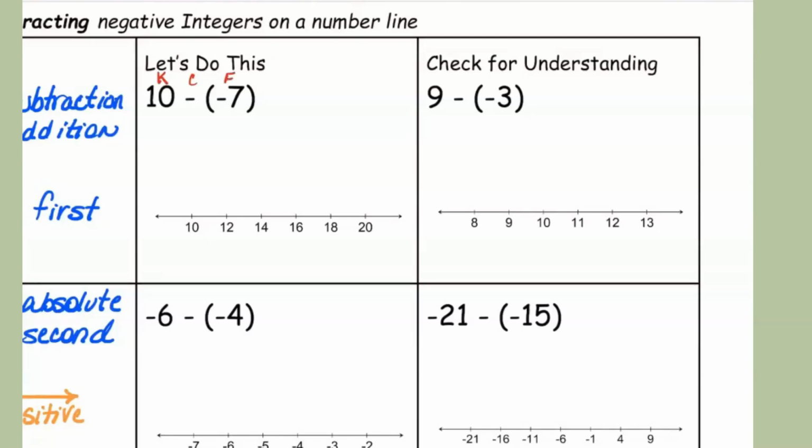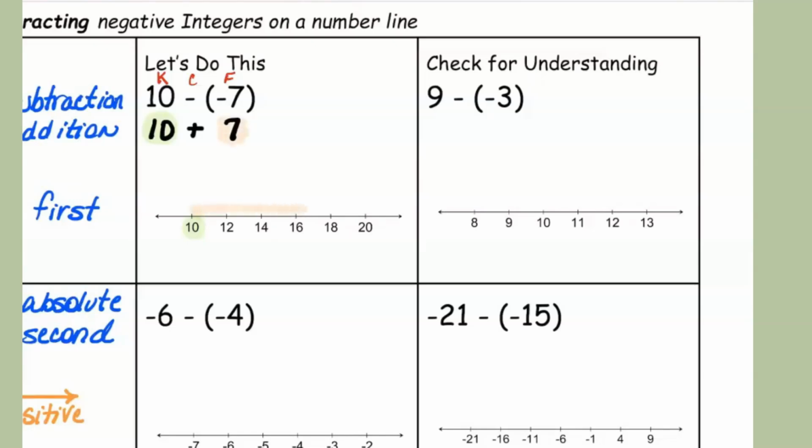Keep goes above the 10, the C for change goes above the minus sign, and the flip goes above the negative 7. So that positive 10, we're going to keep it. We're going to change that subtraction symbol to an addition symbol, and then we're going to flip that negative 7 to a positive 7.